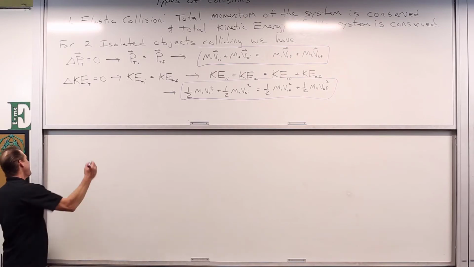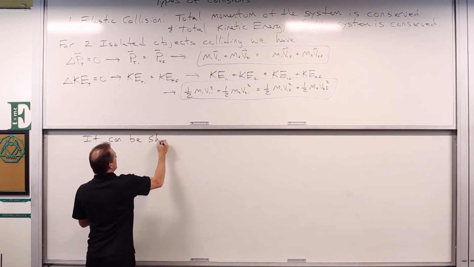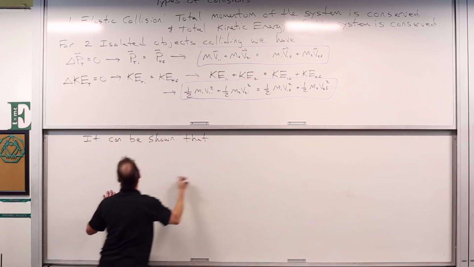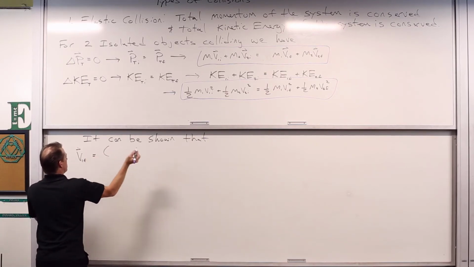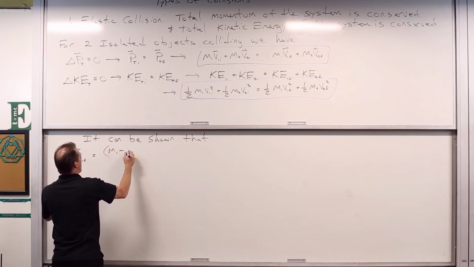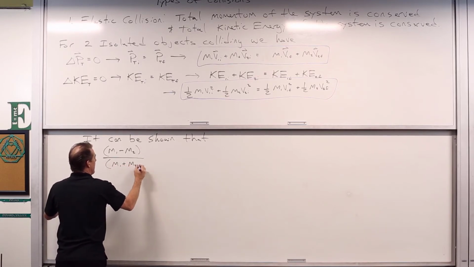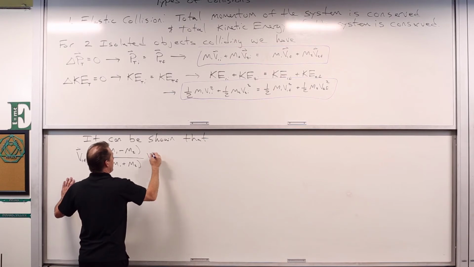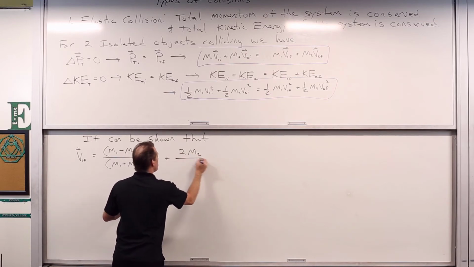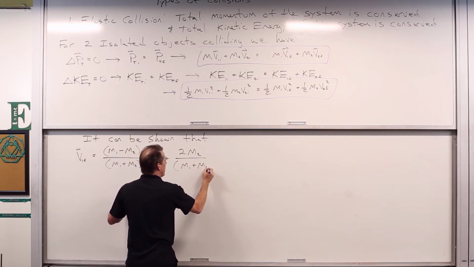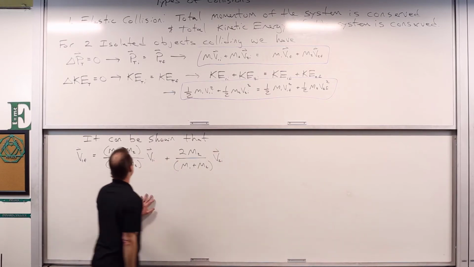It can be shown that V1 final hat is equal to M1 minus M2 divided by M1 plus M2 times V1 initial hat plus 2M2 divided by M1 plus M2 times V2 initial hat.